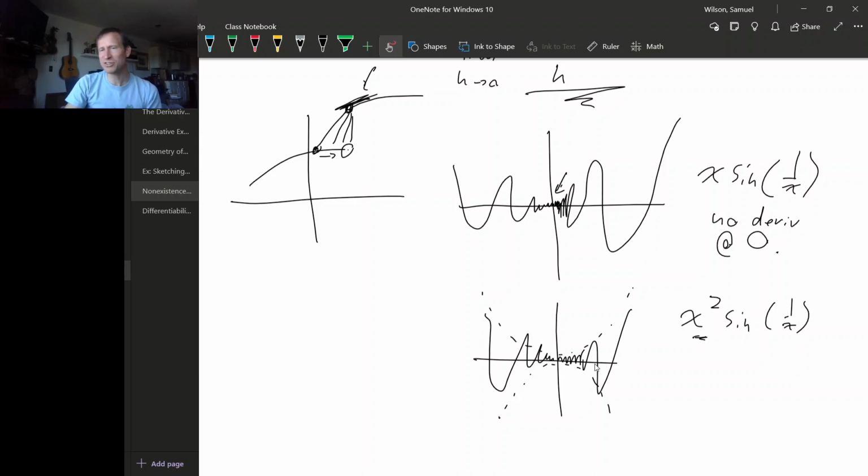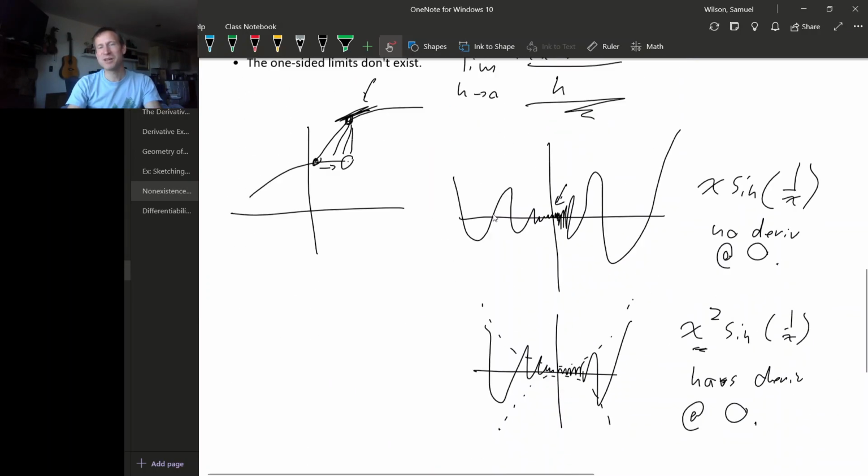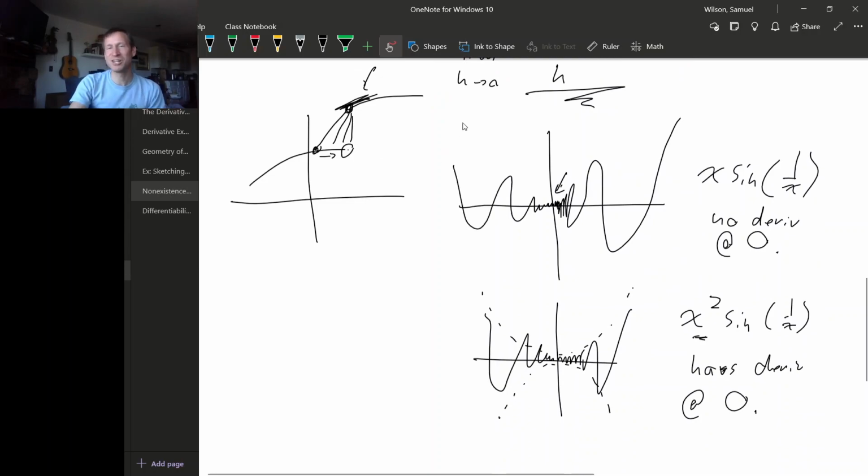Right? So initially it looks very similar, but in fact this one does have a derivative. So this has a derivative at 0. So sometimes just from the graph it's not at all clear whether this limit that calculates the derivative actually exists.